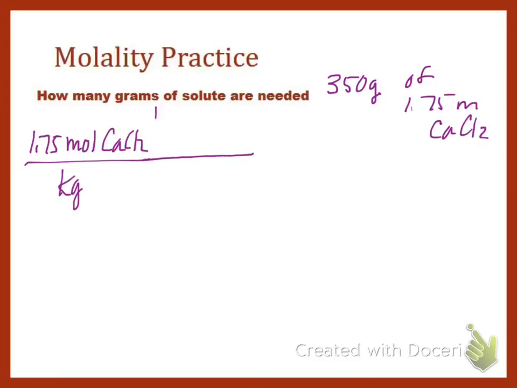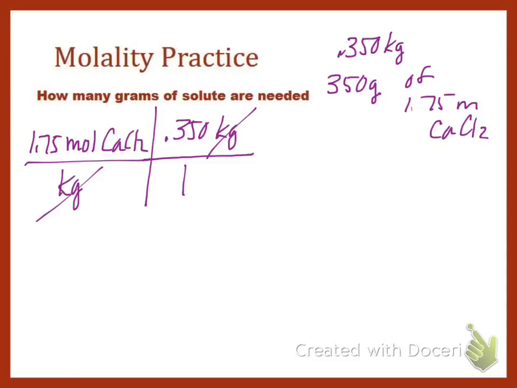And I'm going to multiply by my solvent, which is going to be 0.35 kilograms, because I want kilograms to cancel out, right? That's over 1. Now I have moles of calcium chloride.